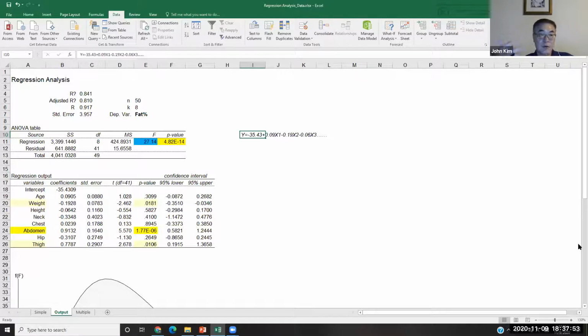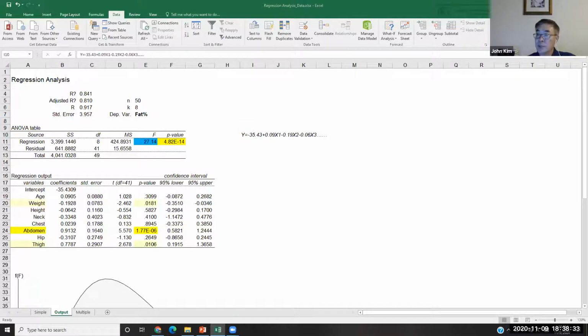So by the global test, we know this equation works, and at least one X variable is useful to predict the Y variable, but we don't know which one.